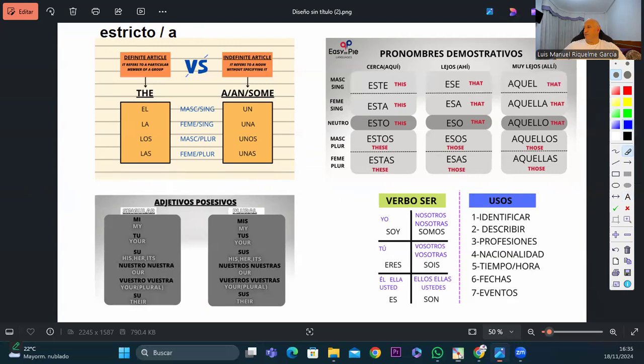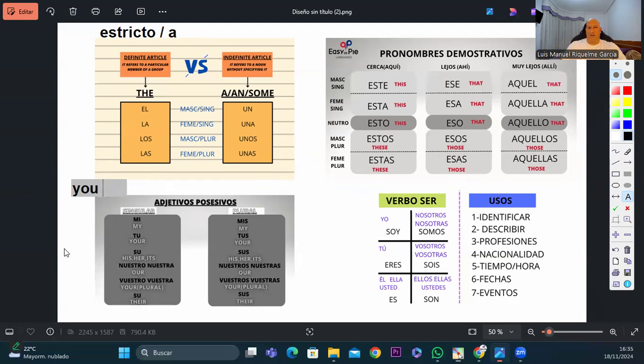One more. For example, okay, let's use the you all. You plural. I'm going to write just you, but I want to talk about several people. You more than one person.